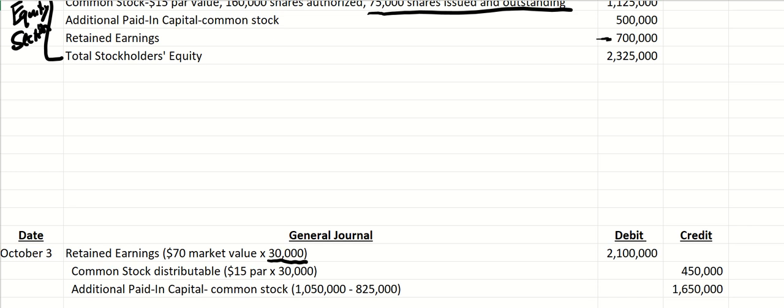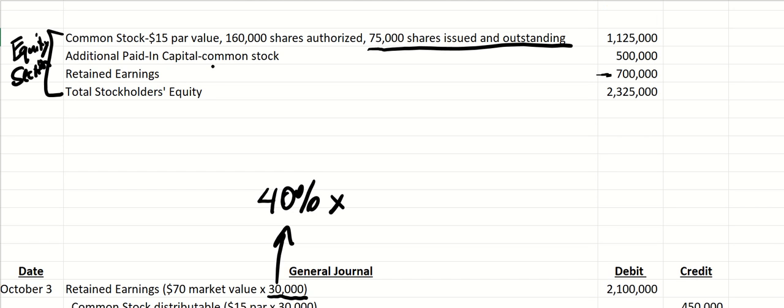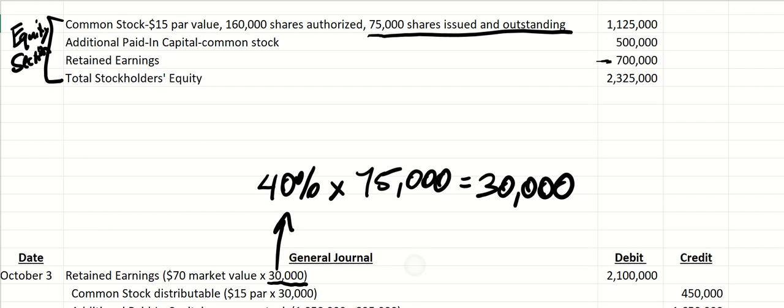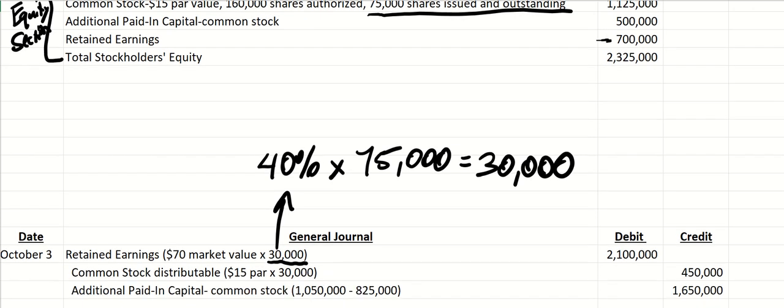So where's 30,000 coming from? 30,000 is coming from taking 40%, which is the stock dividend, and multiplying it by the shares that are issued and outstanding, because that's what we care about. That's going to give us 30,000 shares. When we take 30,000 and multiply by $70 market value, that's going to give us $2.1 million.